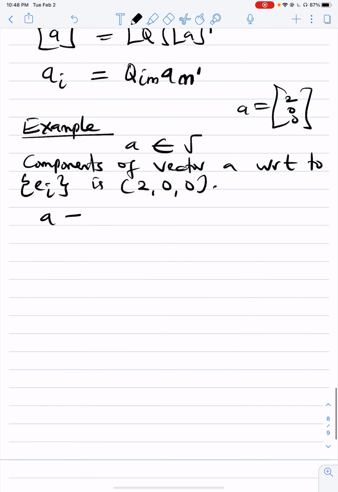We can write A this way, because if you look at this, E1, E2, E3, we can define A in terms of a unit vector from here, a unit vector from here, and a unit vector from here.